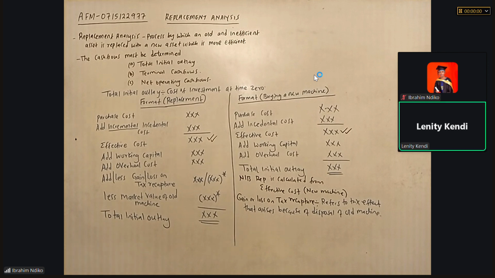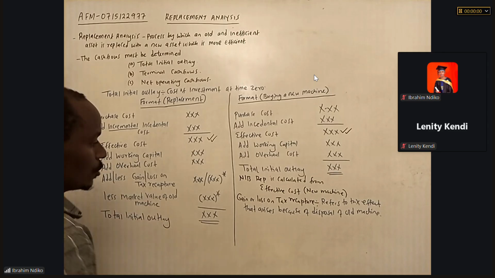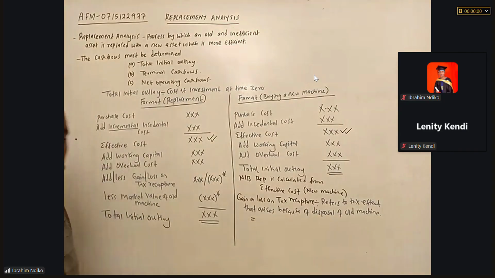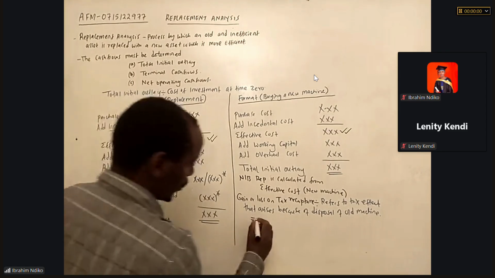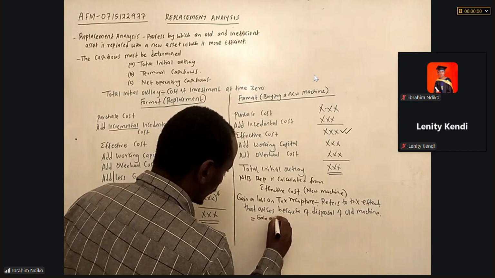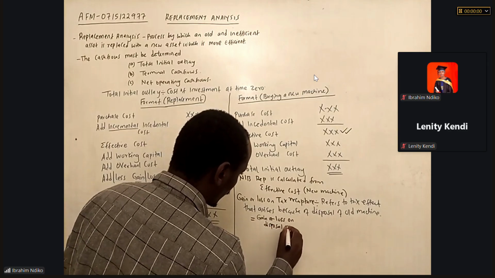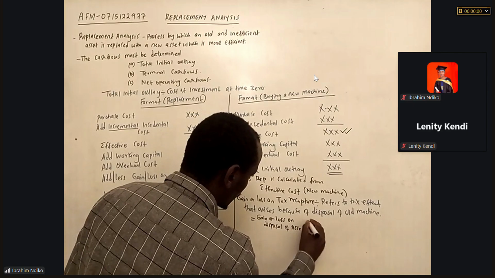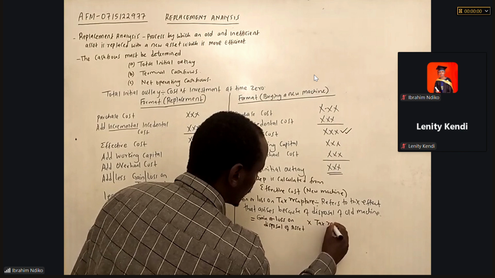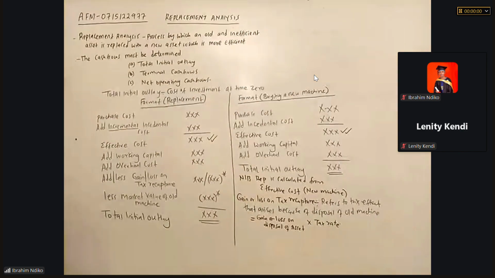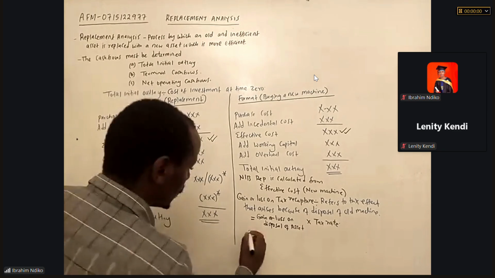Yes. So I was explaining how to compute gain or loss on tax recapture. This is the formula: gain or loss on disposal of the asset multiplied by the tax rate. So how do you get the gain or loss on disposal?